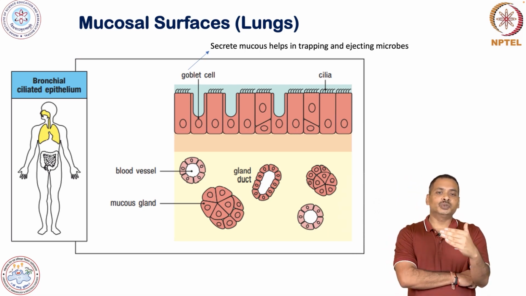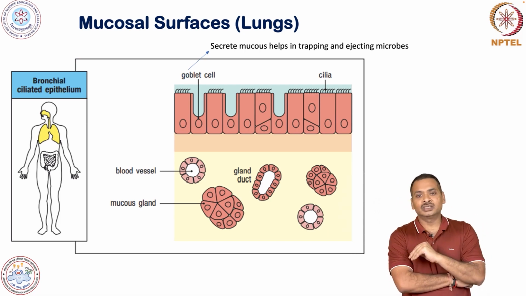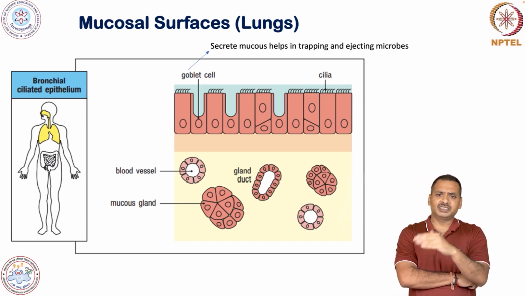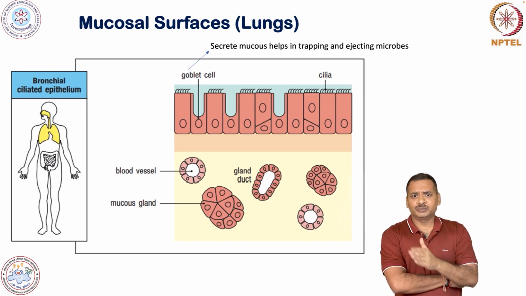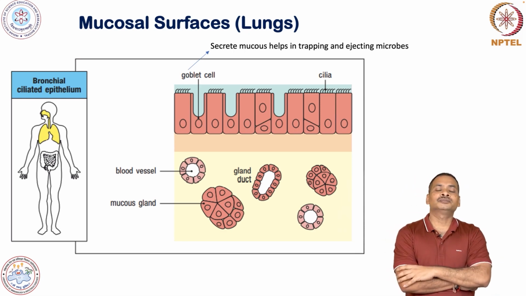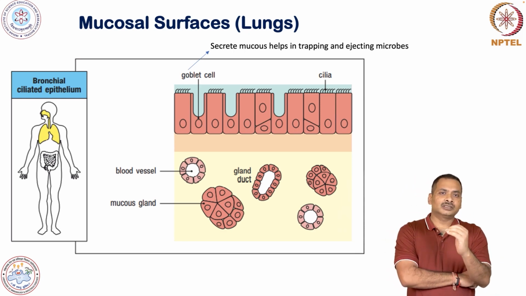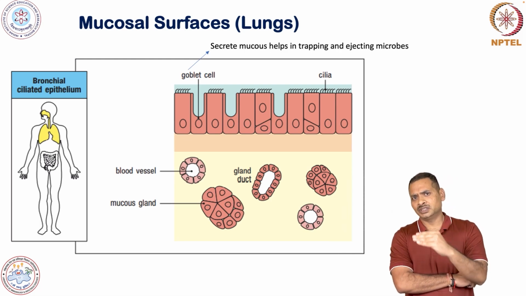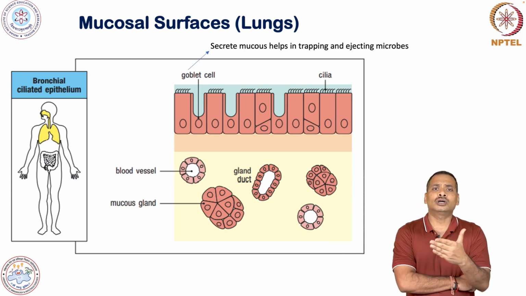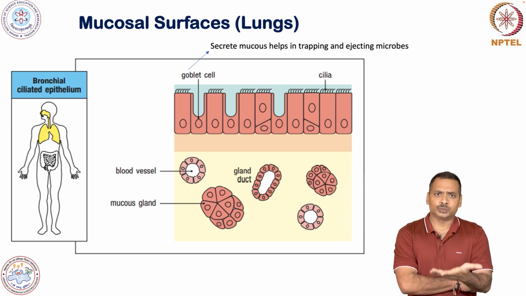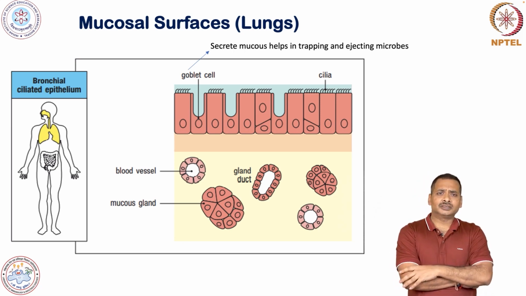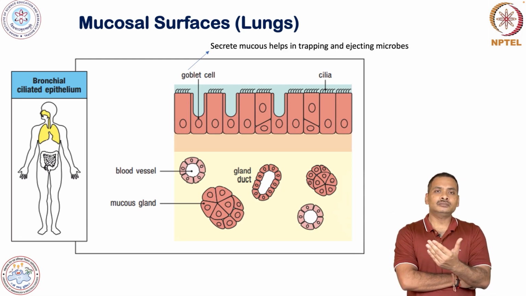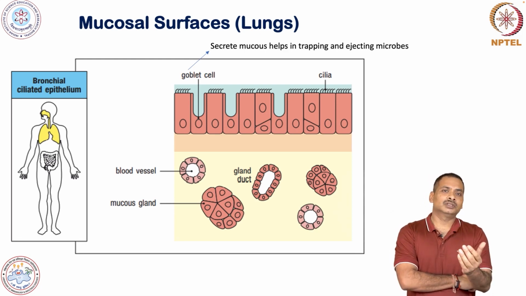The production of mucus along with the ciliary movement of this epithelial lining, they have cilia, and these cilia keep on moving. So the mucus coupled with ciliary movement of these epithelial cells basically throws out the microbes. Okay, and in this way we can protect the host from infection.